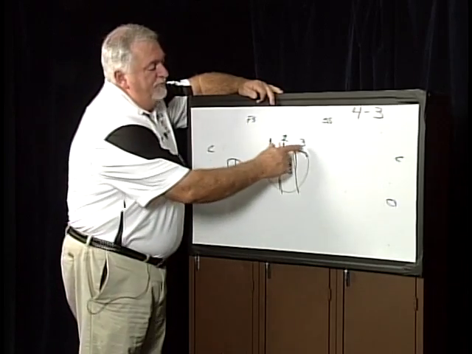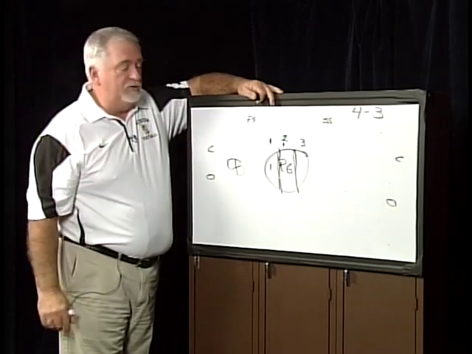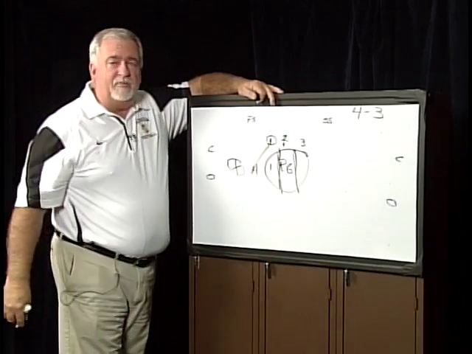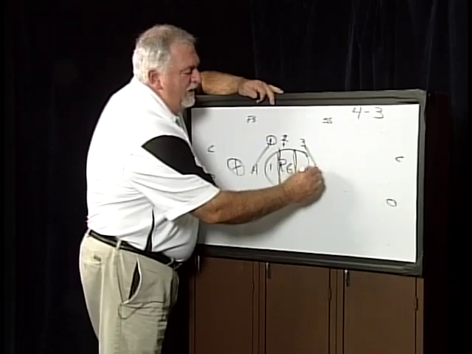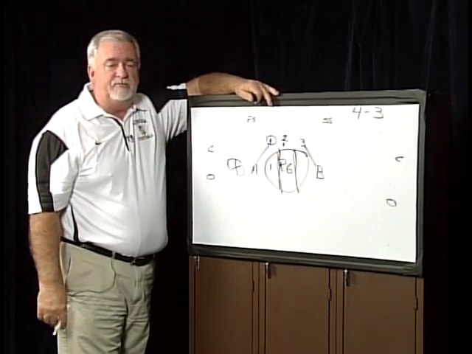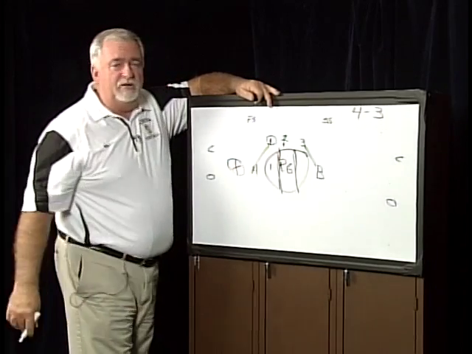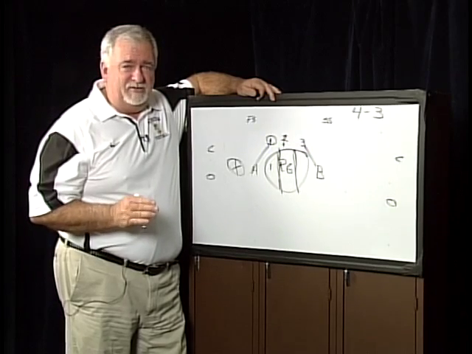Now, from these techniques, it tells you which gap you're responsible for, for the most part. If I have a 1 technique, I'm responsible for A gap. If I have a 3 technique, I'm responsible for a B gap. If I have a 2 technique, a lot of times, that means they have a stunt coming.